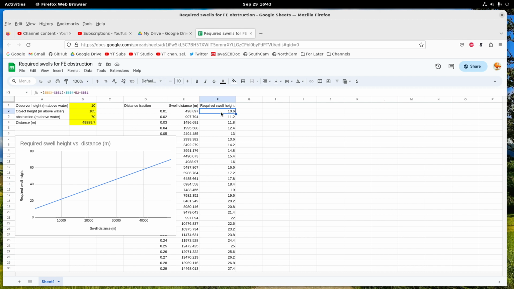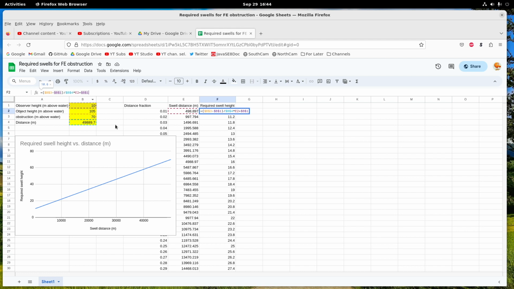The required swell height is simple geometry. You subtract the observer height from the obstructed height to get a difference. In this case, it's going to be about 60 meters. And then you divide that by the total distance to the object, which gives you your slope.